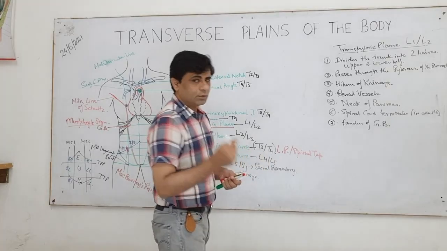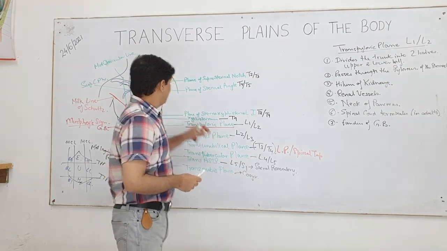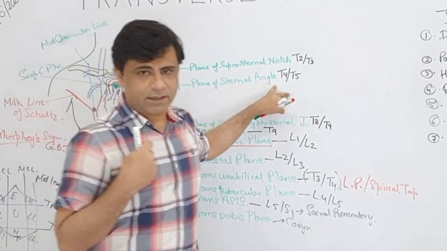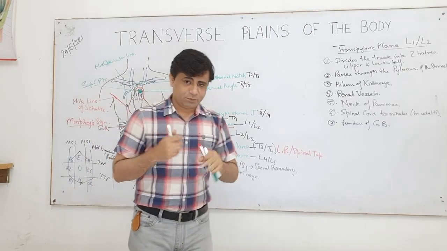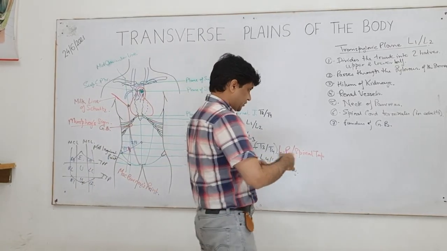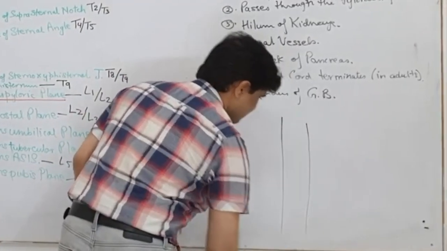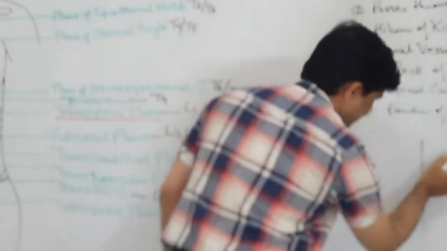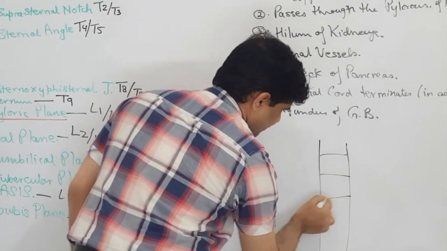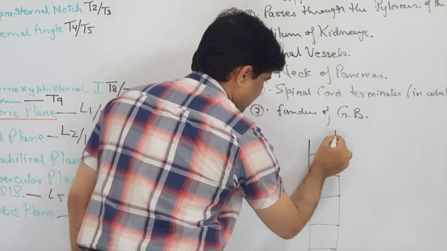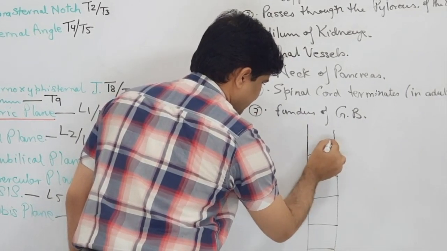There was one or two more points to add here in this transverse plane passing through the sternal angle. So I'm giving you like 13 points. You can add one more point. If you know this is the thoracic spine, right? And these are the thoracic vertebrae. And why not include, let's say, C7 also.